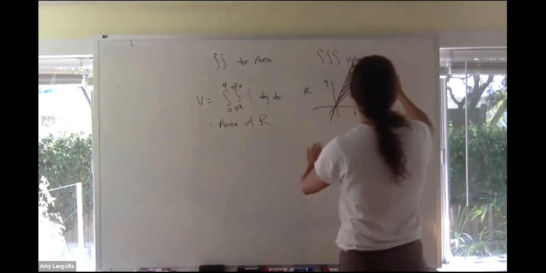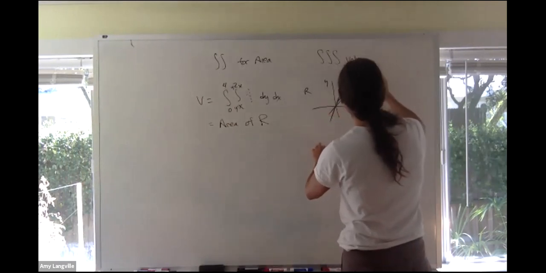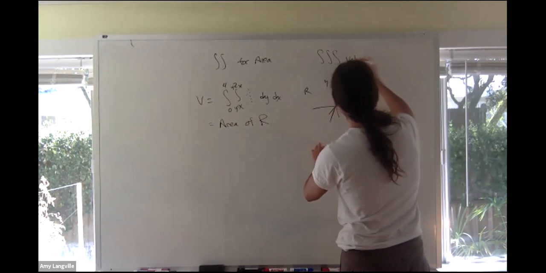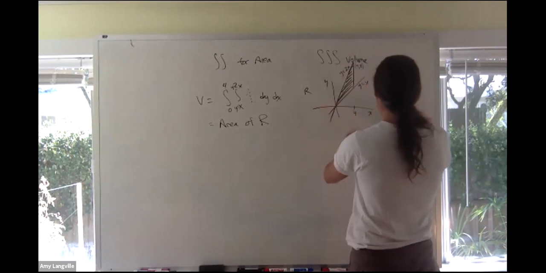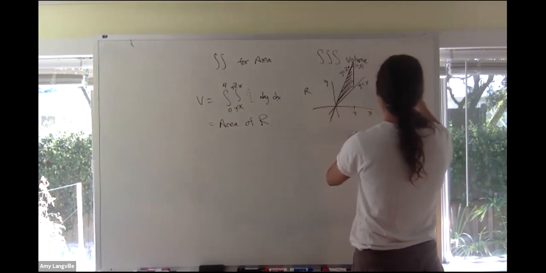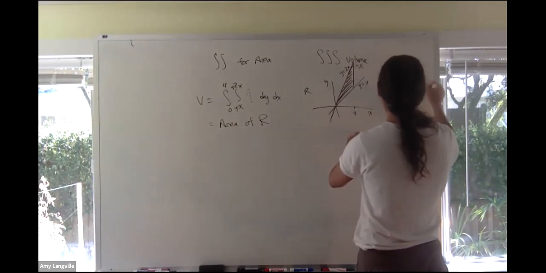You would say this is the area between two curves, the curve y equals x and the curve y equals 2x. And you would do an integral from x equals 0 to 4 of 2x minus x dx.